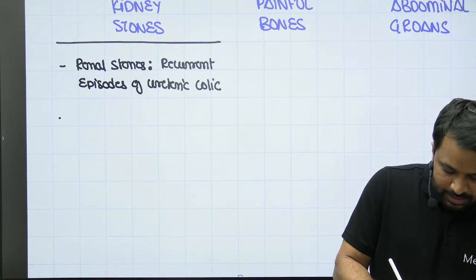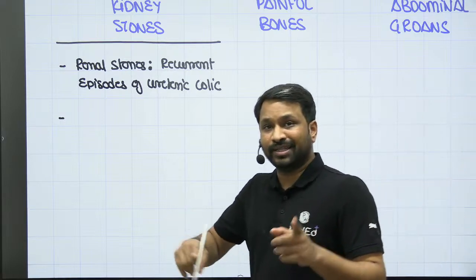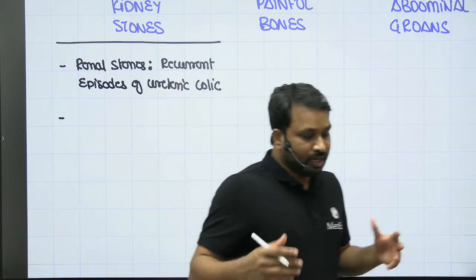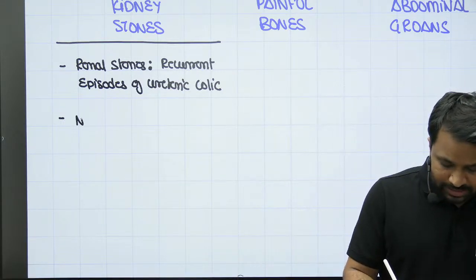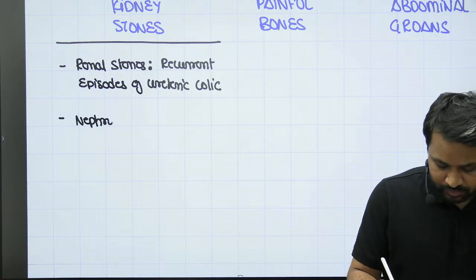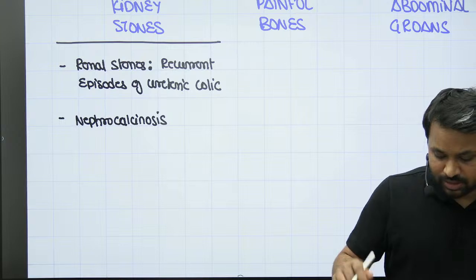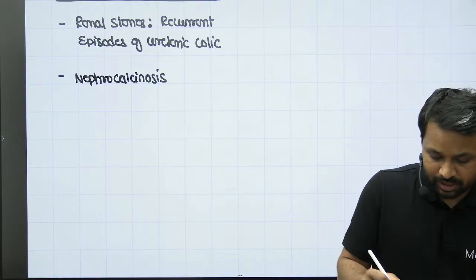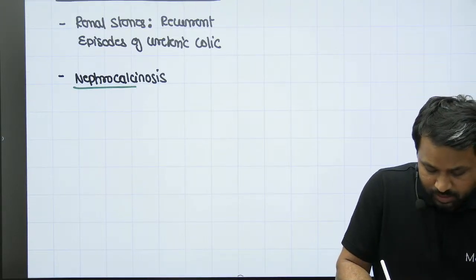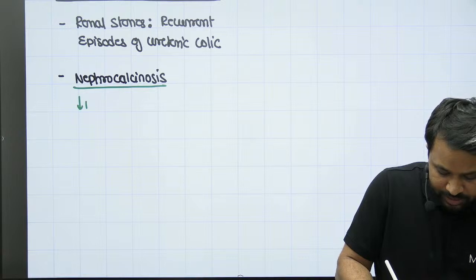Now, as the concentration of calcium in the kidneys increases, it will result in nephrocalcinosis, that is calcification of the renal parenchyma, and this nephrocalcinosis will cause a decrease in renal function.